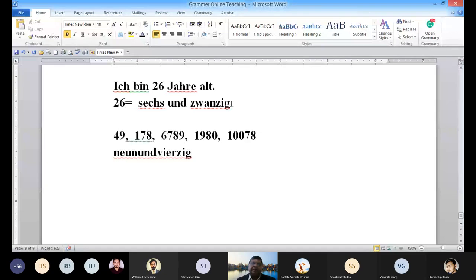Sechs you will pronounce, then und, then zwanzig. While writing, generally we can keep it as one word, or you can keep it separate also, both options are there. So 49 has become neun und vierzig.